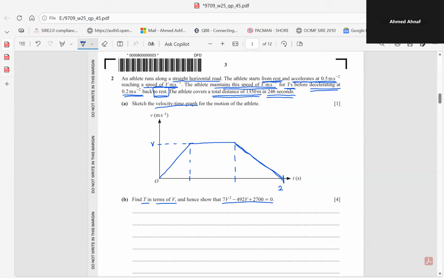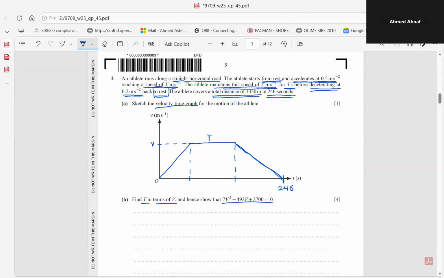So this one is going to be 246. And for this, obviously it's just going to be t, the length of that one.